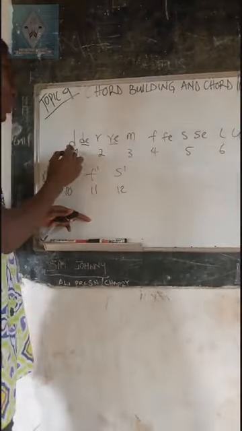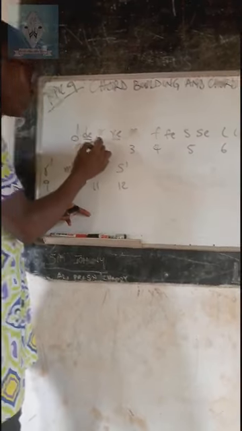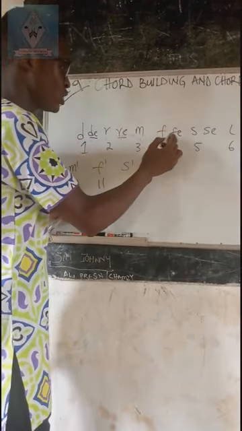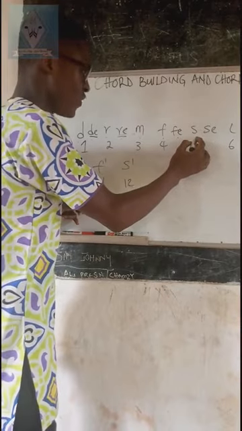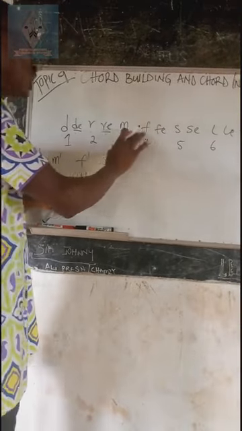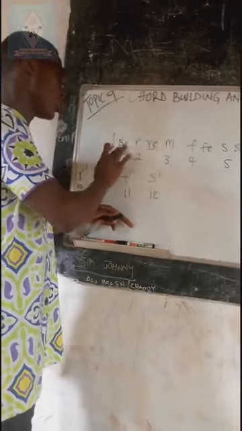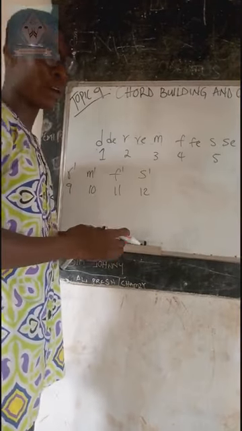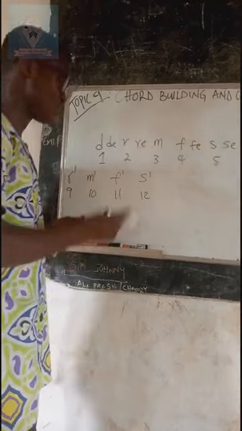So far we have the root, the minor second, the major second, the minor third, the major third, the perfect fourth, diminished fifth, and the perfect fifth. When we talk about diminished or minor, it entails reducing a major or a perfect interval by a semitone behind.